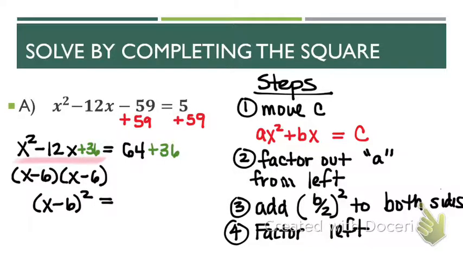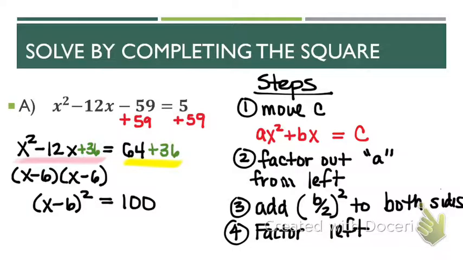So you have x minus 6 squared equals, go ahead and put this in your calculator to see what you get. So you get 100. Okay, so in the Bell work, we couldn't square both sides. We had to actually multiply it out.